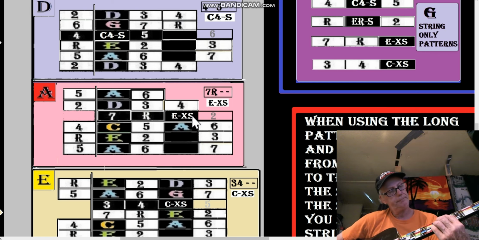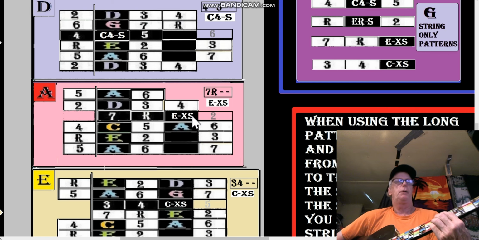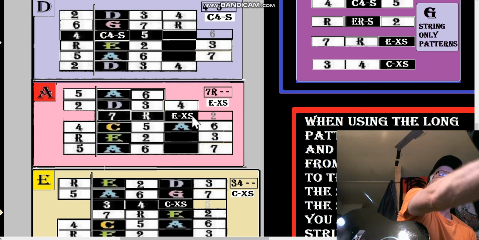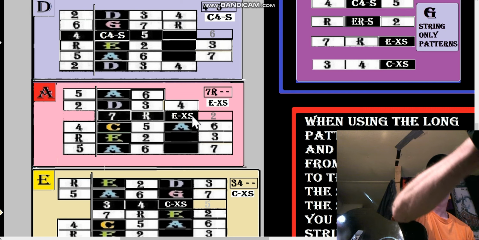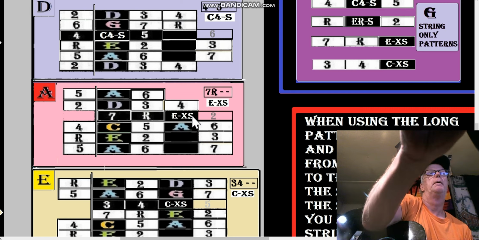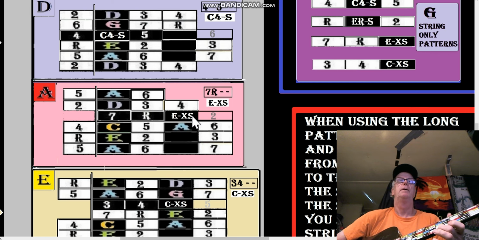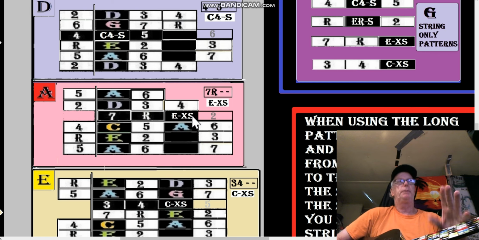If we just want to play diatonic from the E, we follow the A shape. Okay, that's one way to play it.